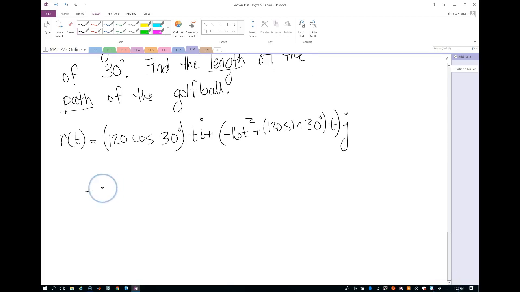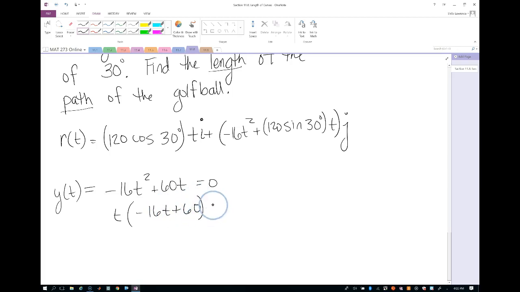hit the ground. So we need to take our y of t function, which is negative 16t squared, and then sine of 30 is 1/2, so this is just going to be plus 60t, and we want to know when that's equal to 0. Well, if you factor a t out, we get negative 16t plus 60 equals 0, and you could set them each equal to 0 individually.